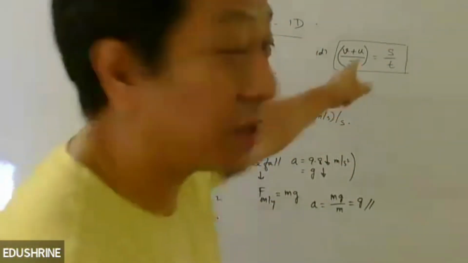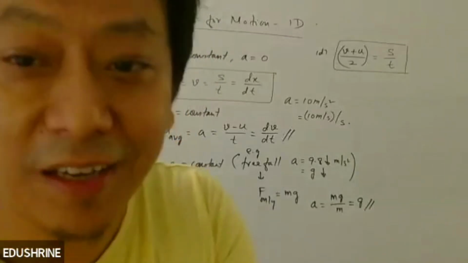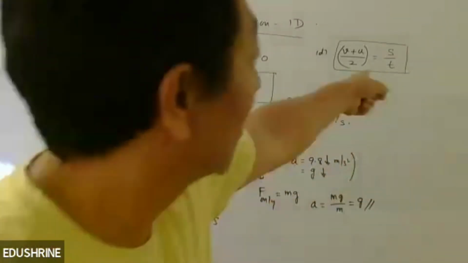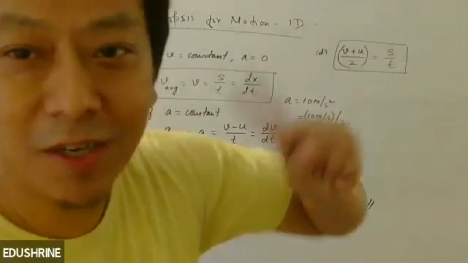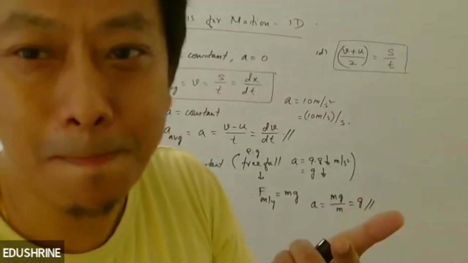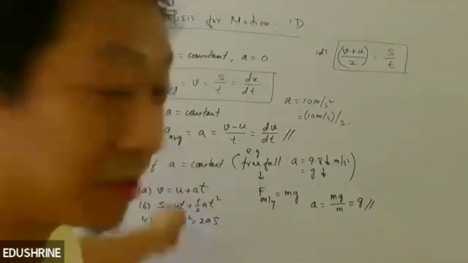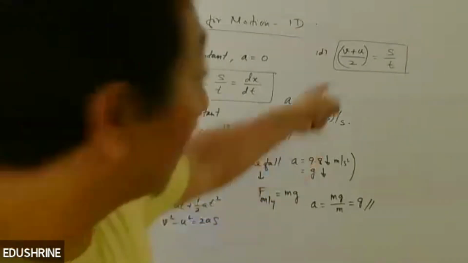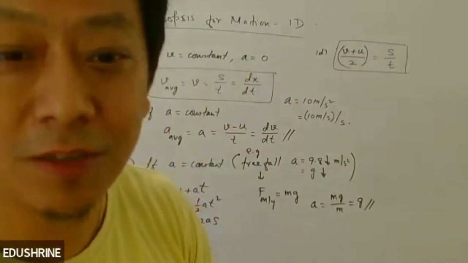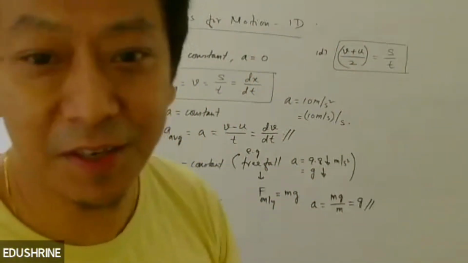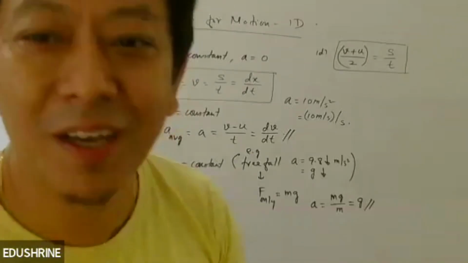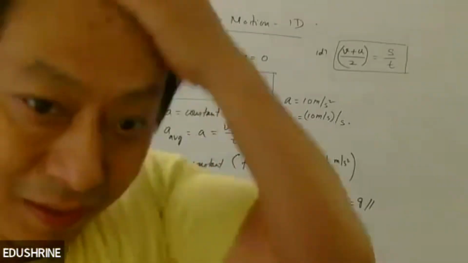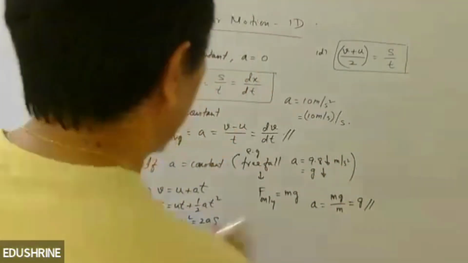This formula doesn't need which variable? In all these three equations, that variable is sitting. But here that variable is not sitting. Who is that variable? A, acceleration. So in problems where you don't care about A, that time you have to go with this.